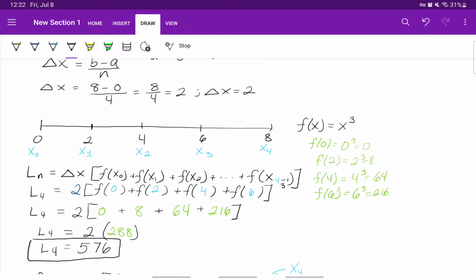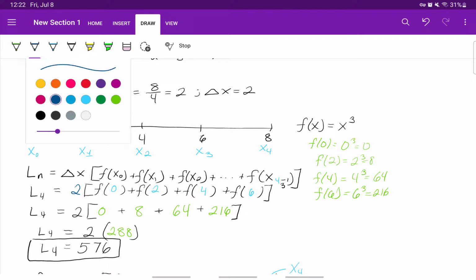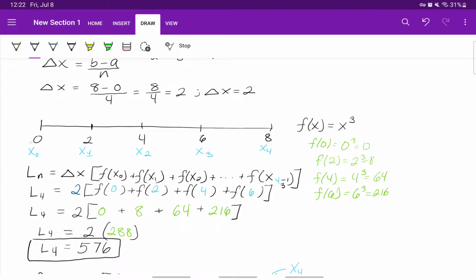Now, when it comes to the midpoint, I have to use the middle number of each interval. So, for example, the middle number between 0 and 2 is 1. So we're going to call that x bar 1, and that's going to be positive 1. The middle value between 2 and 4 is 3, so we're going to call this x bar 2. Let's make some more room.